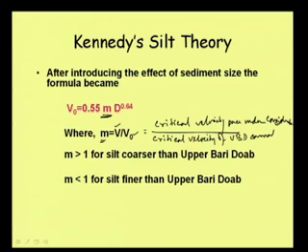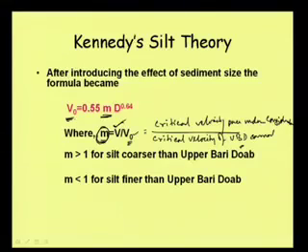By this we mean that if we know the critical velocity for the upper Bari Doab canal region, then we can find the critical velocity in another place. Or indirectly, if we know the m value for a particular region or a particular type of sediment, then we can find the critical velocity for that particular place.